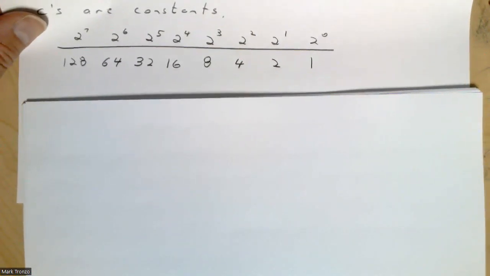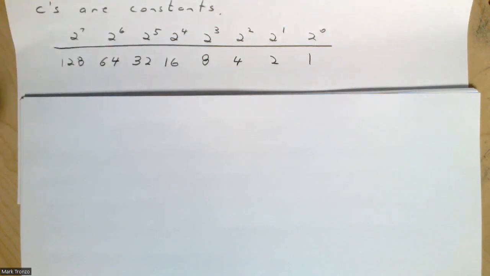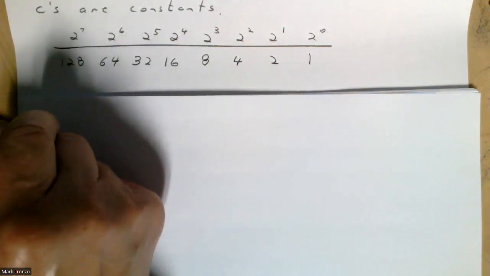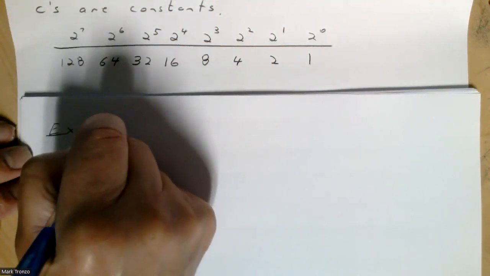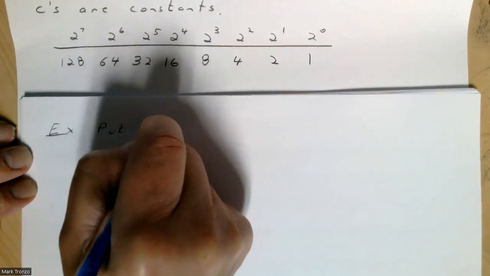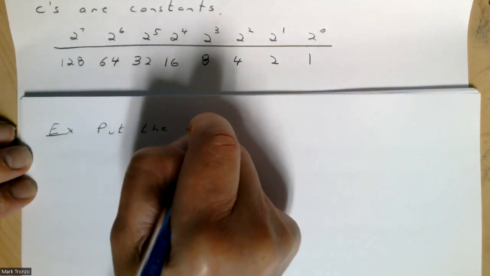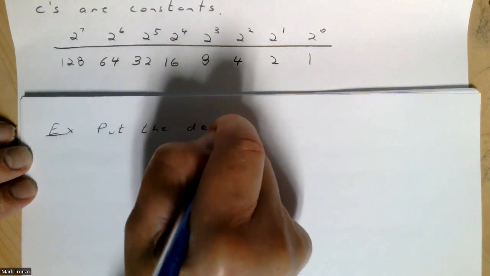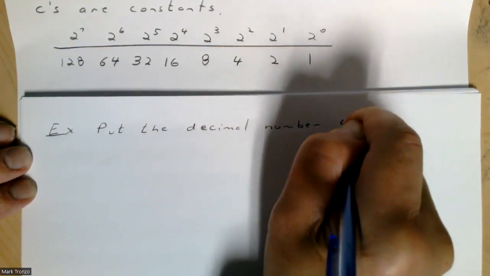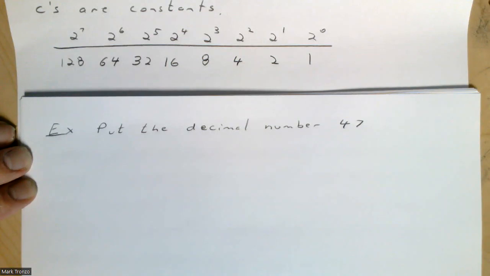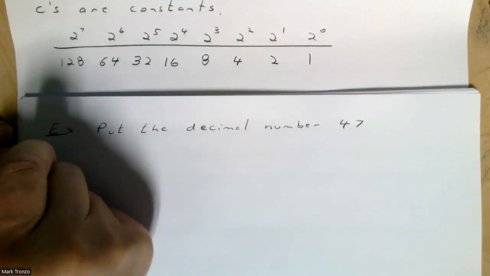Suppose you want to convert decimal numbers to binary numbers, with, let me say, the decimal number 47, into binary form.